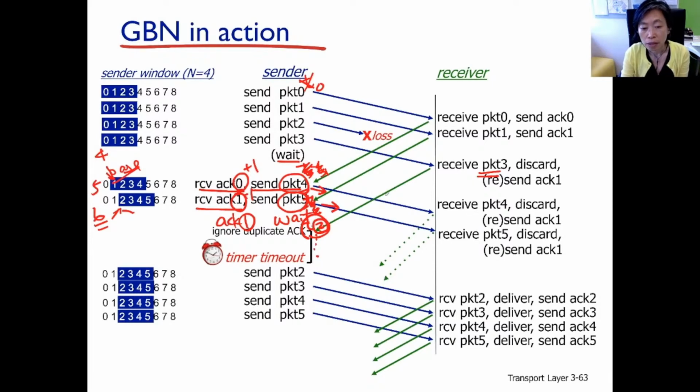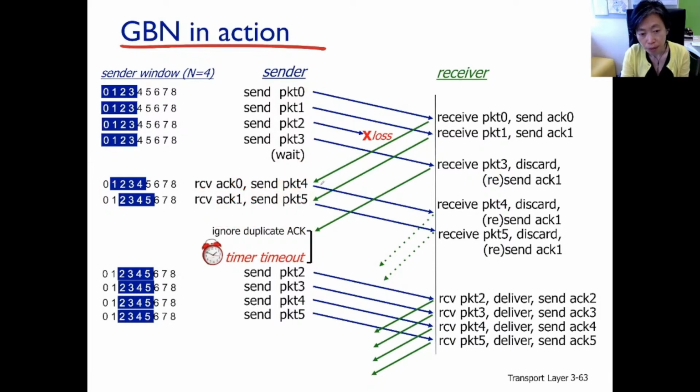Let's assume packets 4 and 5 arrive at the receiver side, which generates ACK 1 for both because they are out of order. And let's assume these two ACKs take a long time to come back before the timer for 2, the second time here, times out.